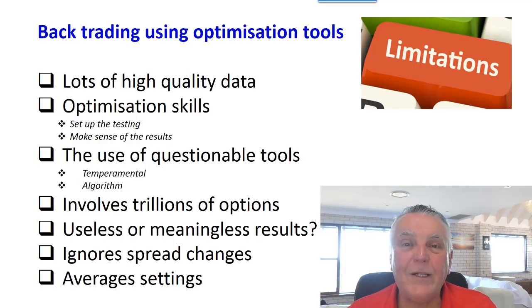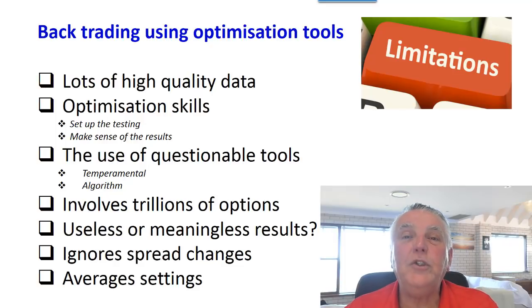A lot of people battle with that, especially if they're only trading one EA. They don't want to go and source and buy data, and typically your broker data will not be sufficient to deal with EA optimization. You then need optimization skills. You need to know how to set the test up and how to interpret the results, and that takes quite a bit of experience and knowledge.